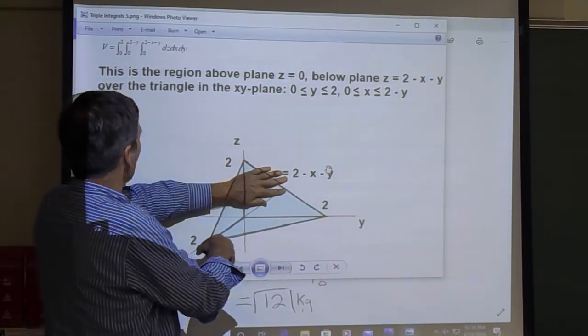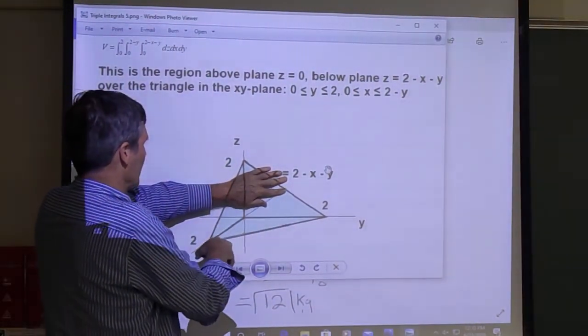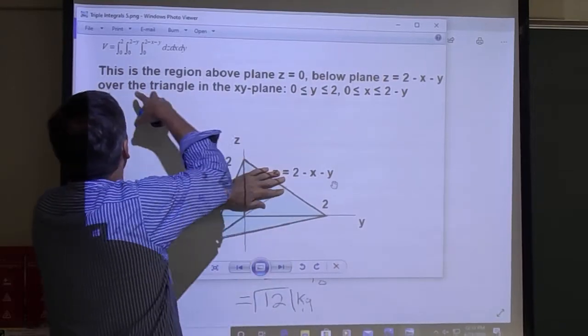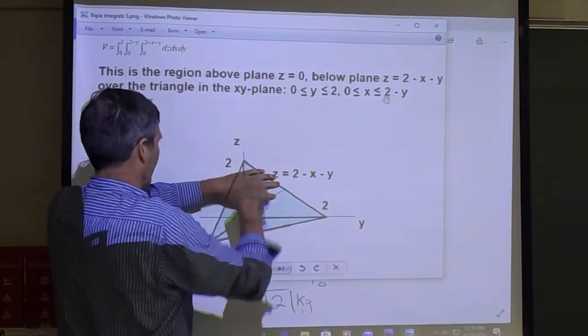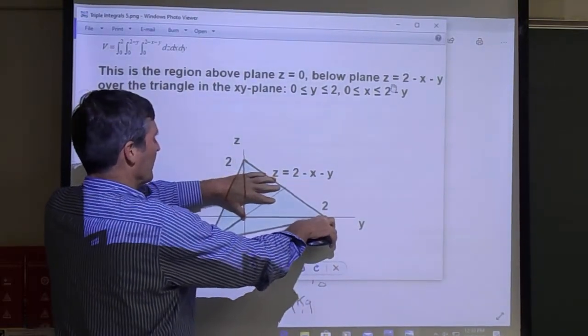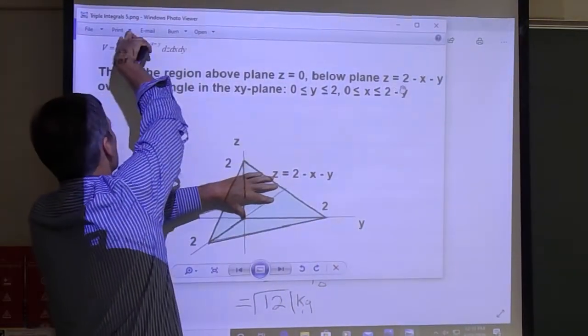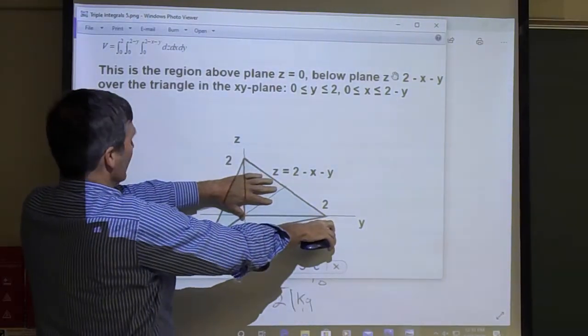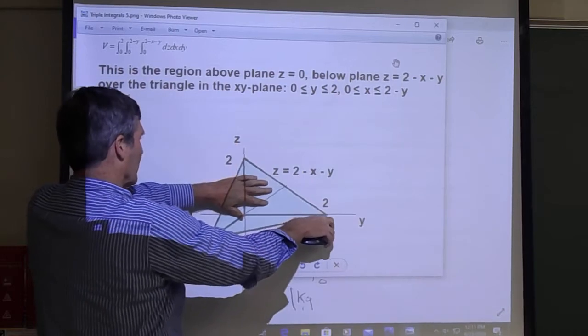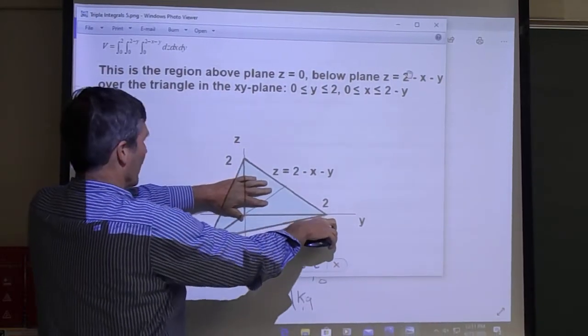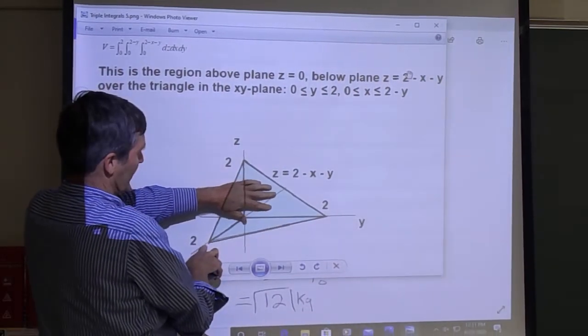Y goes from 0 to 2. That's the outside variable. The outside variable goes between fixed endpoints 0 and 2. These should always be numbers on the outside. And the inside variable x goes between x equals 0, which is this one, and x equals 2 minus y, which is this one. Kind of tricky in this problem, huh?